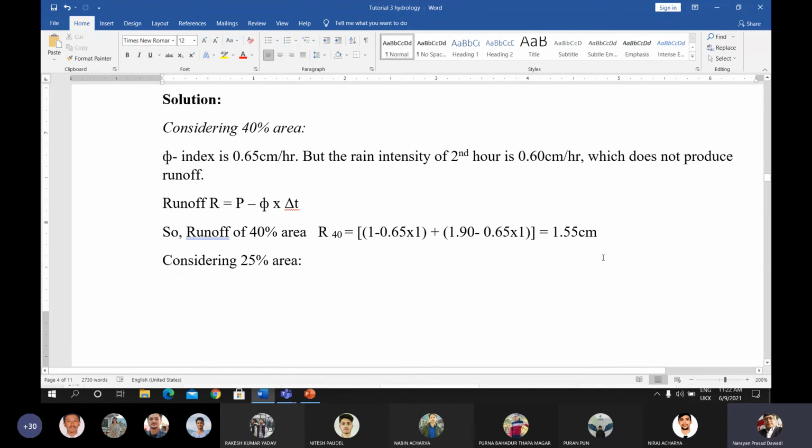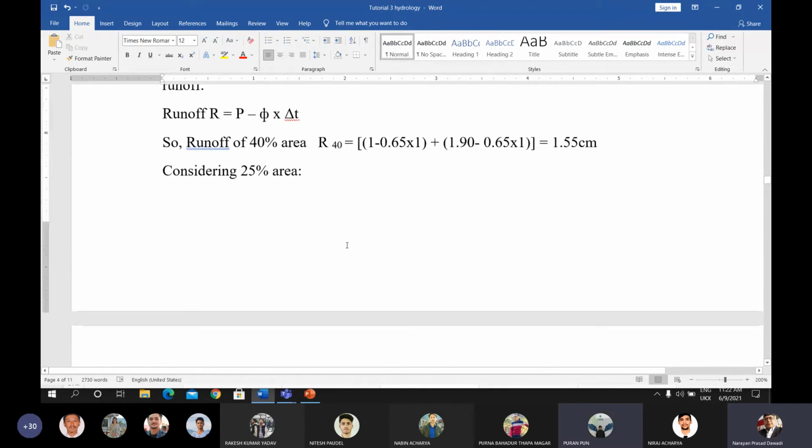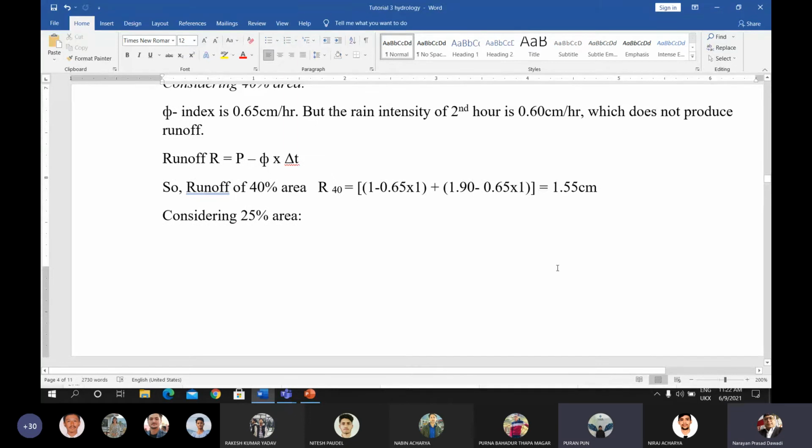from the 40% area. Similarly, 1 minus 0.65 is 0.35 here, and for the third hour 1.9 minus 0.65 is 1.25. So 0.35 plus 1.25 gives 1.60.